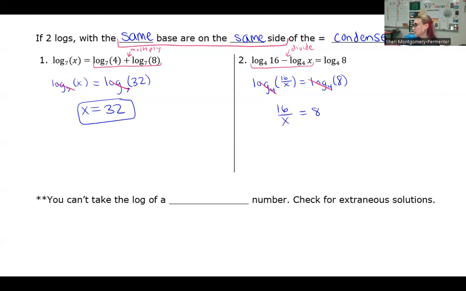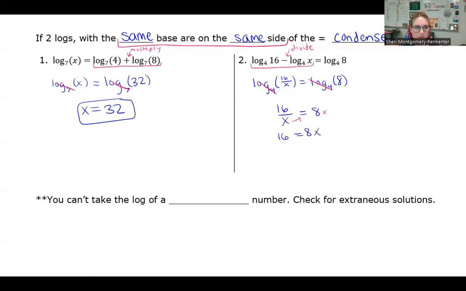We don't really like solving with fractions, but that's okay. We can do this. We need to get the x out of the denominator, right? We can't solve for x with it in the denominator. So how do we get it out of the denominator? If it's dividing, we must multiply. All right, but I still don't have x equals.